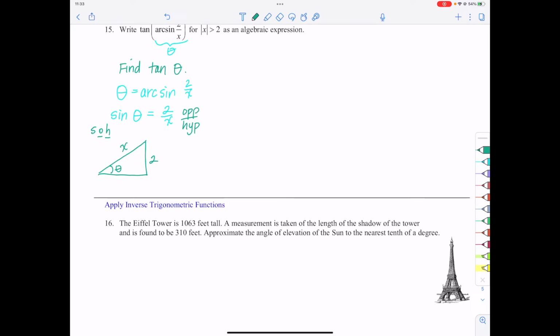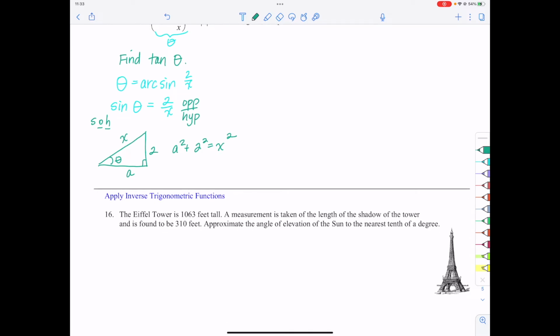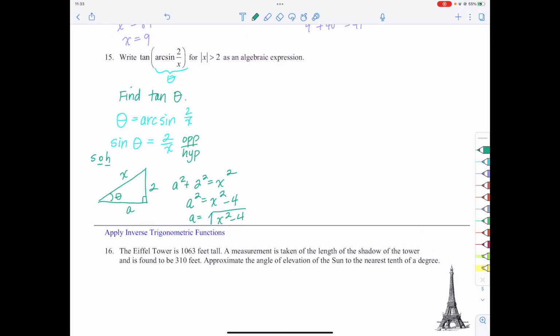That's our typical triangle. So we better call this a, since we already have an x. So we know that a squared plus 2 squared is going to be x squared, okay? So we have a squared is x squared minus 4, and a is root x squared minus 4.